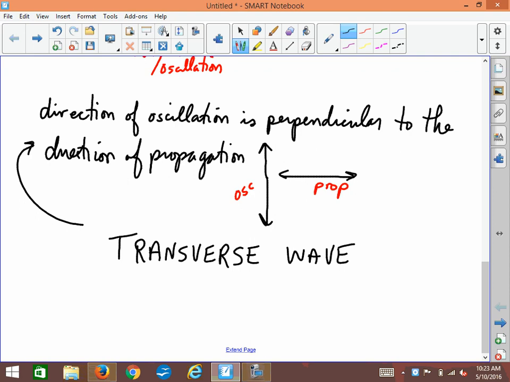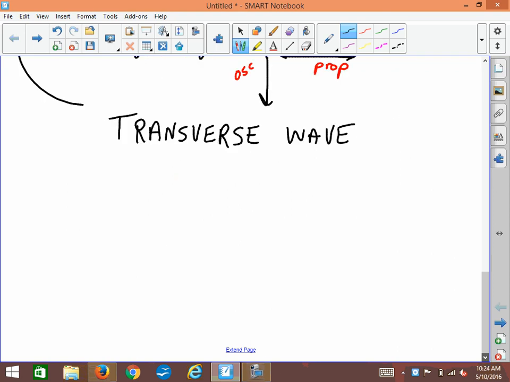And you can think of examples of that as the wave you do at the sporting event, or the wave on a string, or even waves in the water to some degree are pretty much transverse waves that you see on the seashore. Not so much on the shore where the waves are breaking, but out deeper where the waves are rolling. Think about rolling waves. Breaking waves are a little bit different, a little more complex. So think of rolling waves when you think of transverse waves.